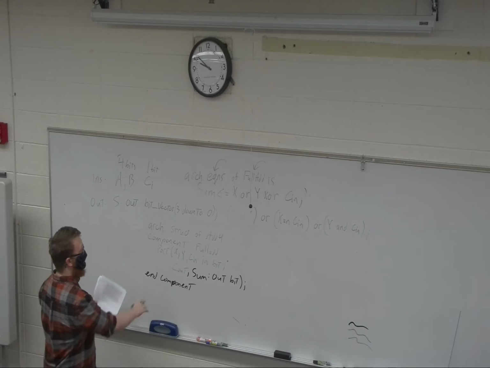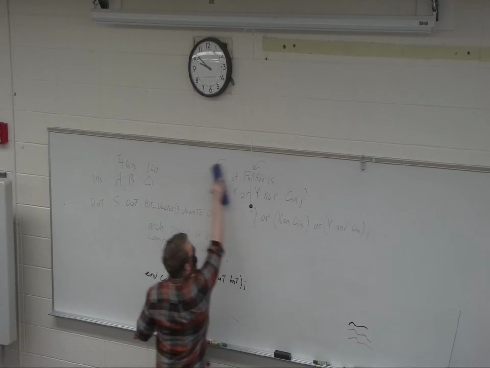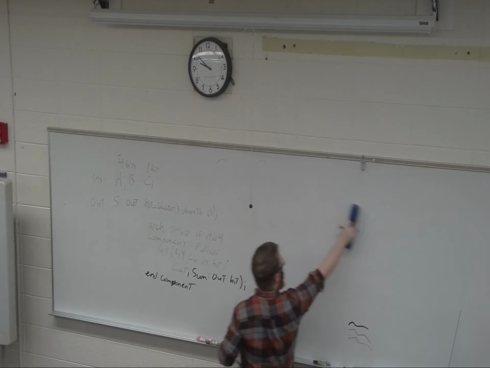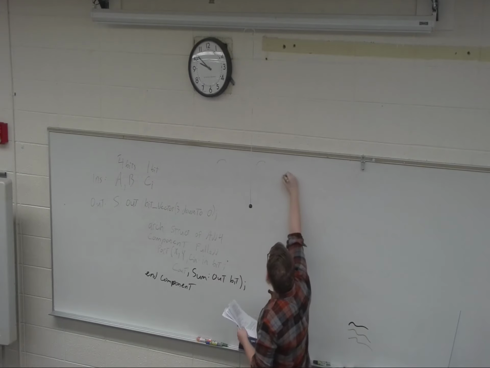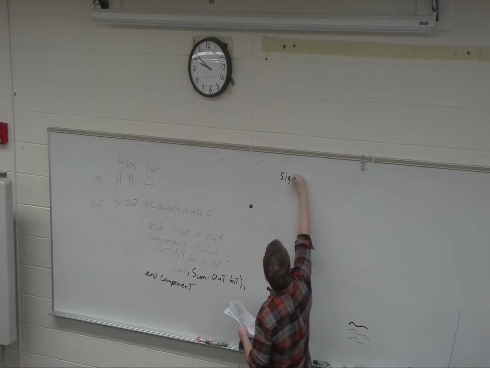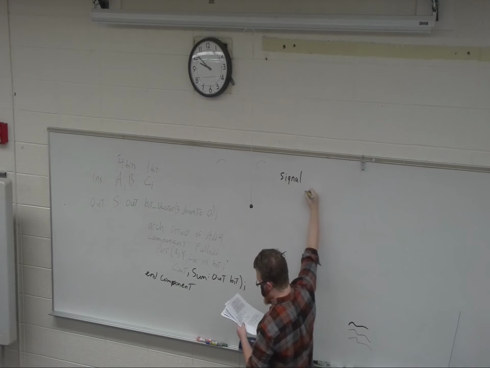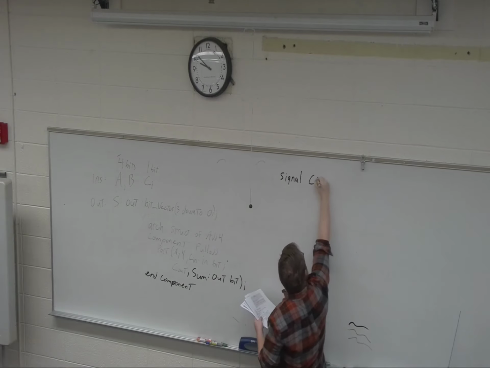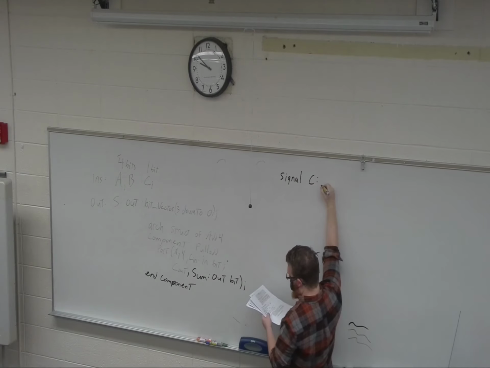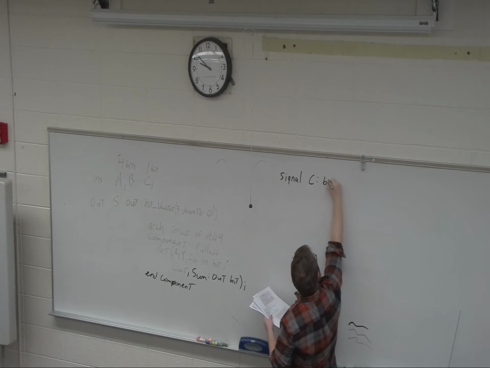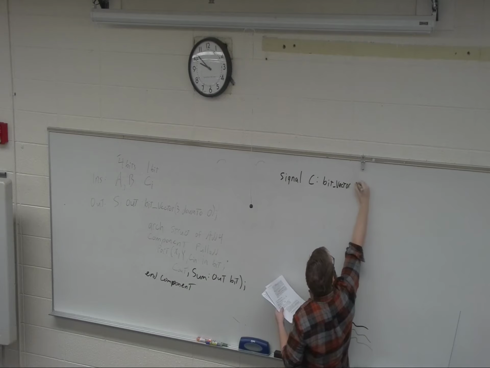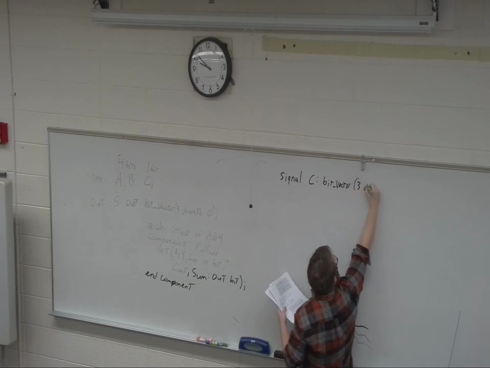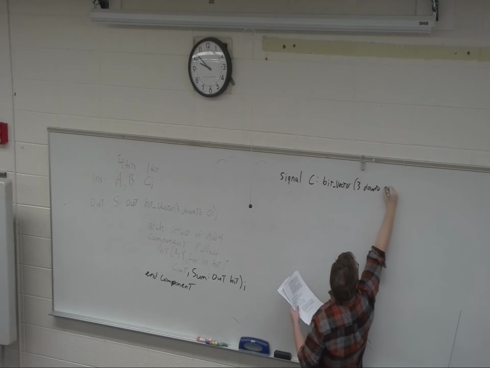Now, continuing on from there, I'm going to erase this. Starting a new line going down. I need to define some signals, connect things together, which is that C. And this one I want to be a bit vector of 3 down to 0.